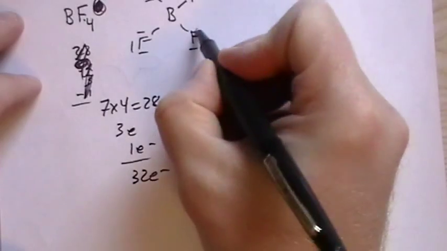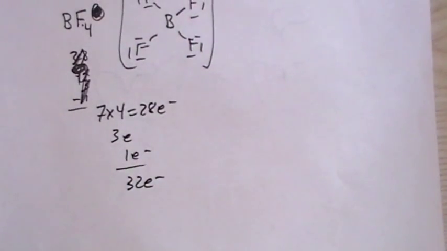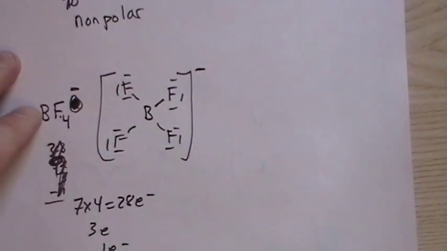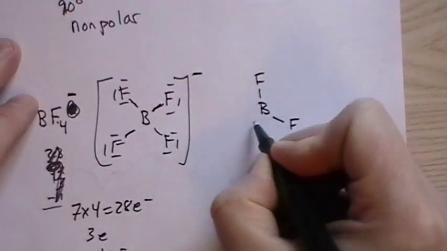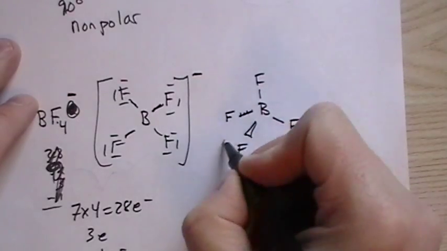The big point here is not for me to mess up on the Lewis structure, but to notice that we have an ion here. Ions still have a structure, but there's one thing later on we have to deal with. Since there are 4 bonds to boron, whether it's an ion or not, it's going to have a tetrahedral structure.